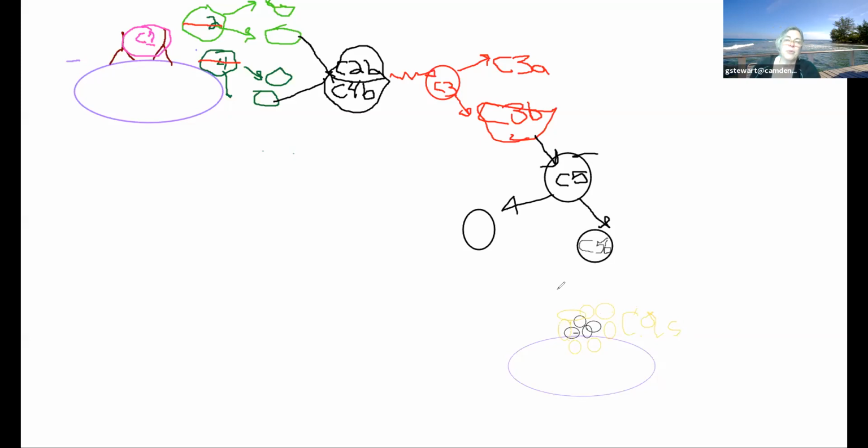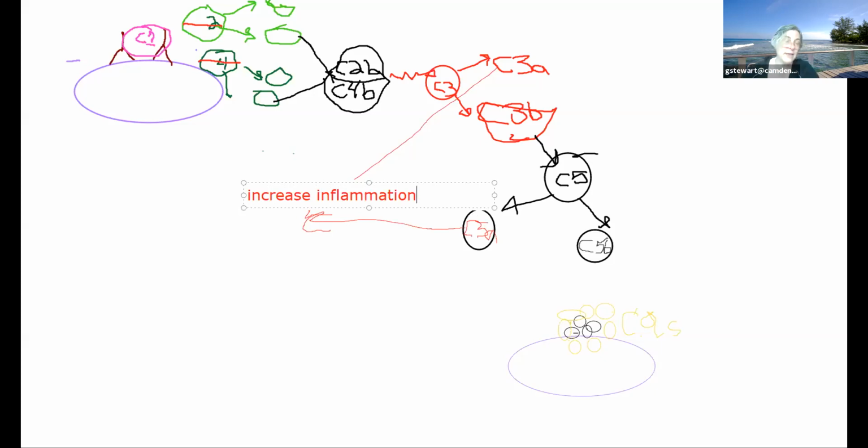Now, the other important piece of this has to do with our friends here, our C3A and our C5A, because those two contribute to nonspecific defenses in another way. They increase inflammation.